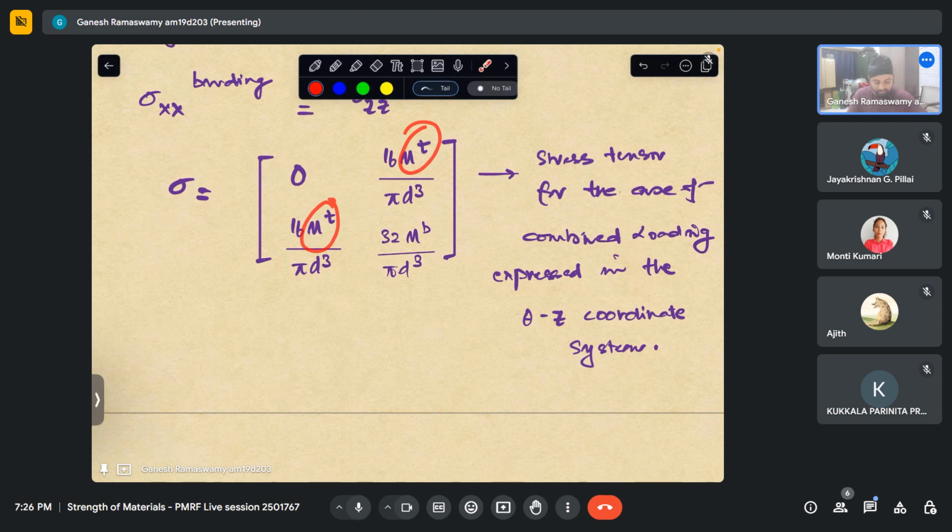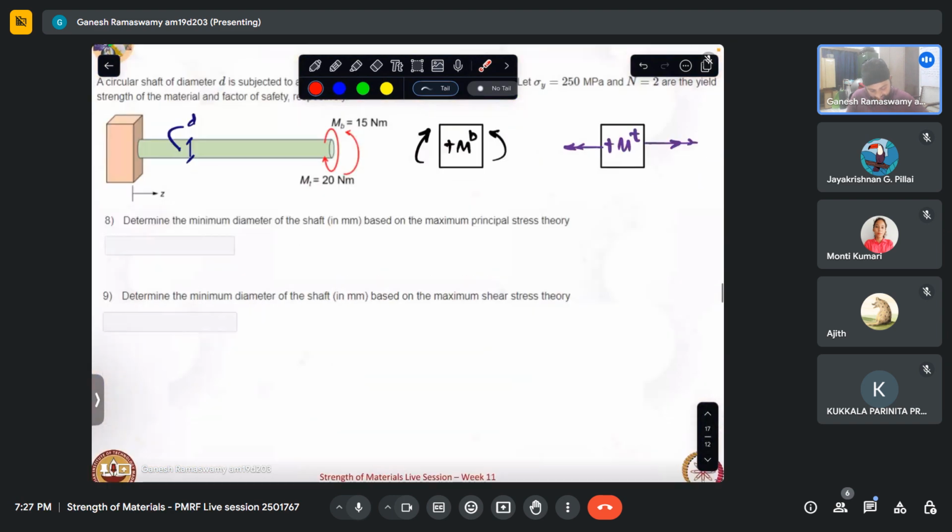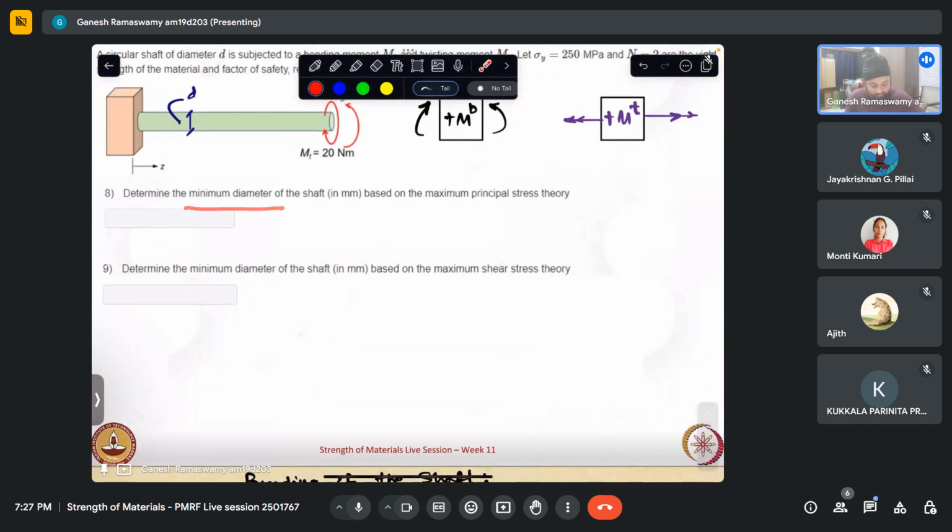So now that I have arrived at the stress tensor here, what does the question ask me to do? It is asking me to design based on the maximum principal stress criteria or the maximum shear stress criteria. So now we have a stress tensor with components that are coming in from the actual problem, meaning MT and MB and so on. So we have populated the stress tensor.